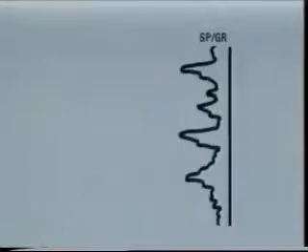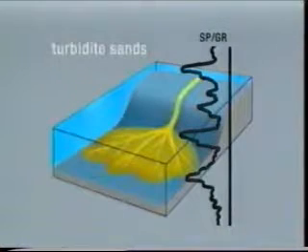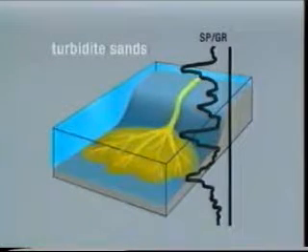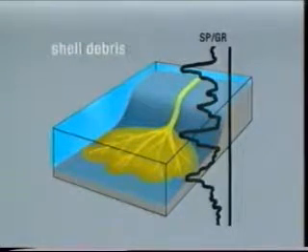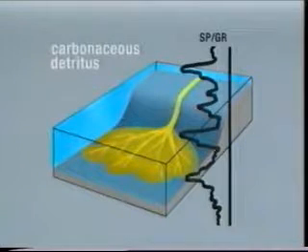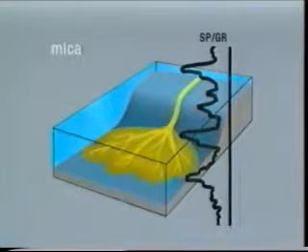Let's look at the environmental interpretations of 4 basic SP gamma ray log profiles and see how their environmental interpretation depends on the presence or absence of glauconite, shell debris, carbonaceous detritus, and mica. A back-and-forth nervous SP gamma ray profile is typically of deep-water turbidite sands that could contain some or all of the 4 constituents of glauconite, shell debris, carbonaceous detritus, and mica.